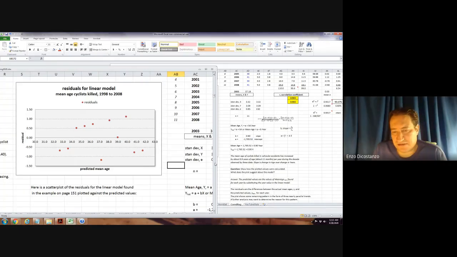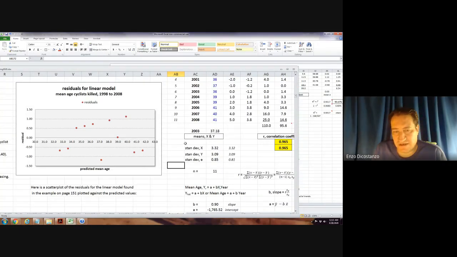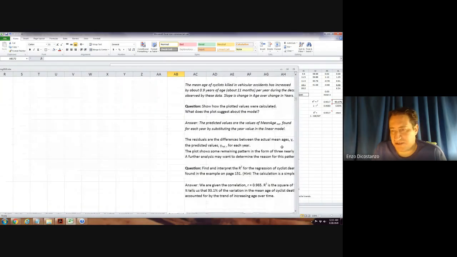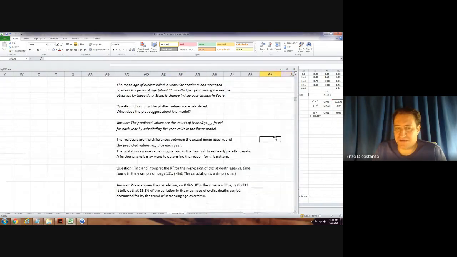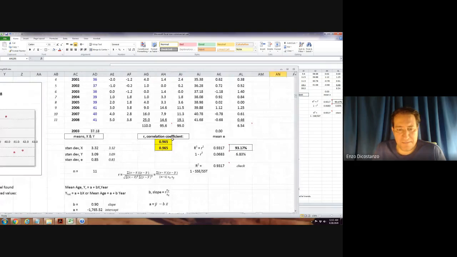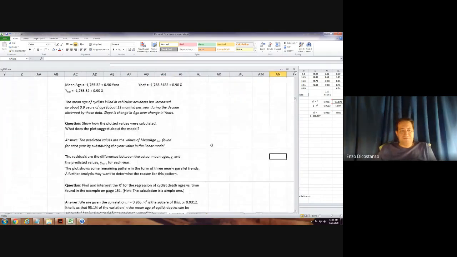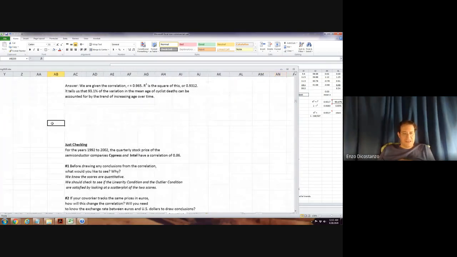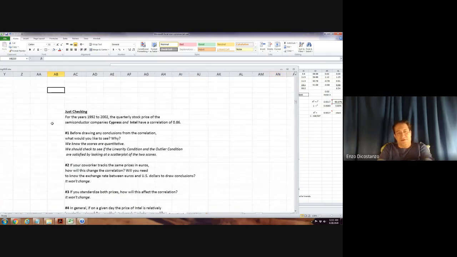Okay, so there's the remainder of the in-class notes and chapters in here. There's some other stuff down here I don't think we talked about. So you made the equation, it answered a bunch of questions, and then it says the semiconductor companies' quarterly stock price have a correlation of 0.86. Before drawing conclusions, what would you like to see? You want to know if the scores are quantitative, and if the linear condition and outlier condition are satisfied.